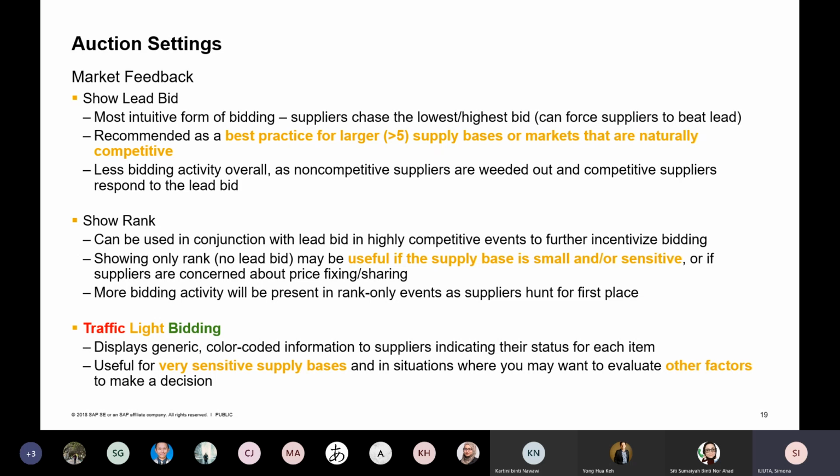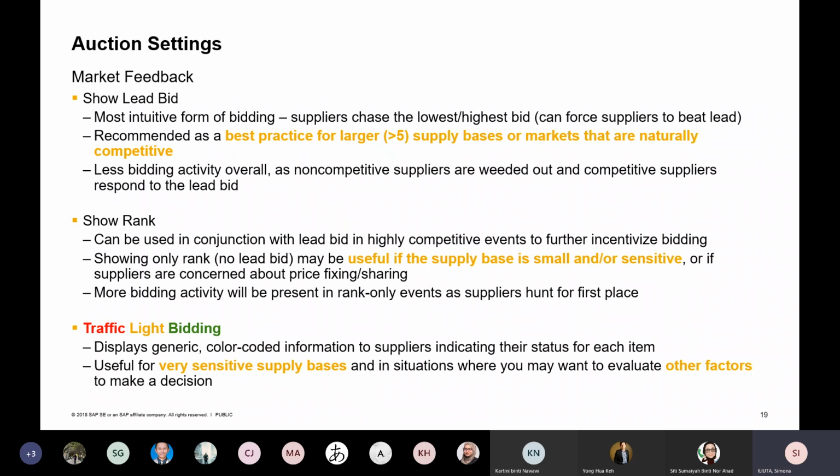I'm going to show the best lead of the auction, and that's it. It is recommended as a best practice for larger supply bases or markets that are naturally competitive. It gives less bidding activity overall, as non-competitive suppliers are weeded out and competitive suppliers respond to the lead bid.